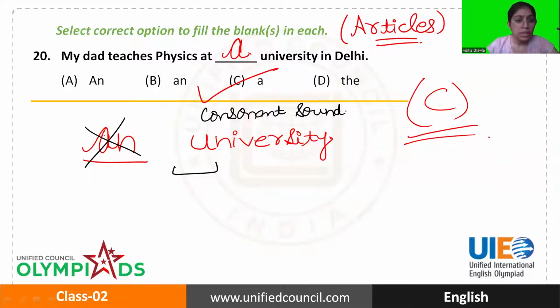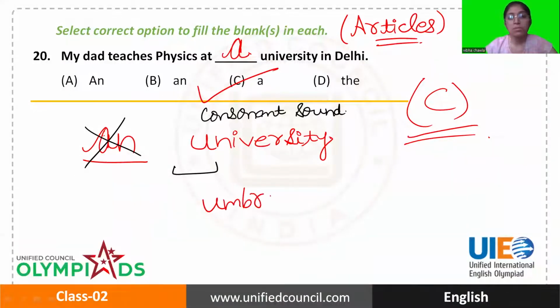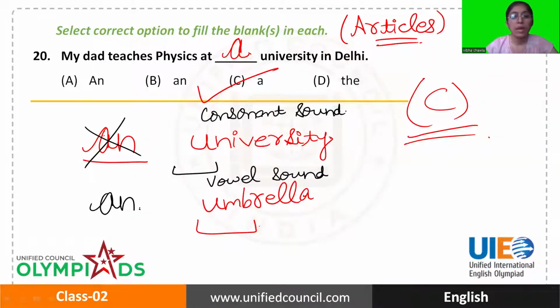Now the same letter can be pronounced as a, as in umbrella. The letter is the same, but this time the sound is of a vowel. For that reason, we say an umbrella, and that is correct. But a university. That's why I said never go by the letter, always go by the sound. So it's a university in Delhi. Option C.